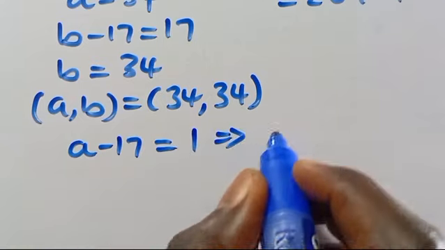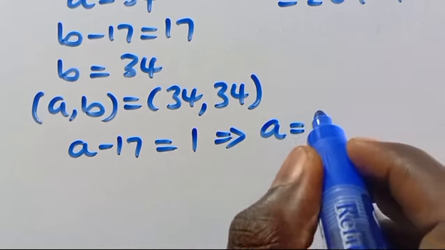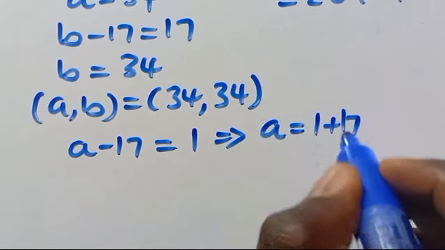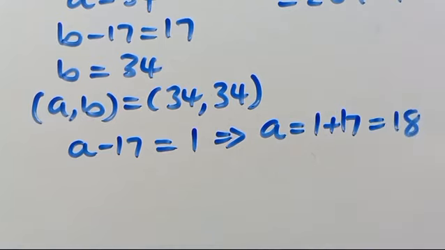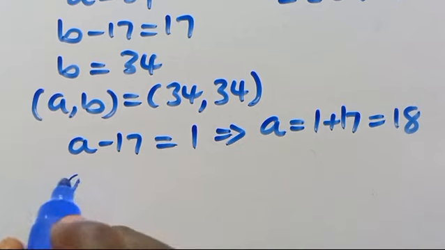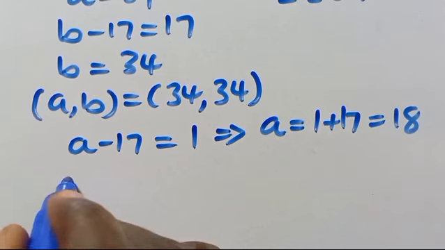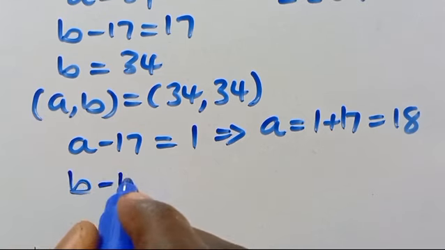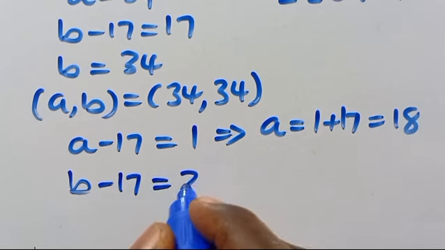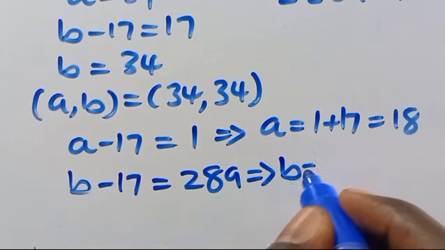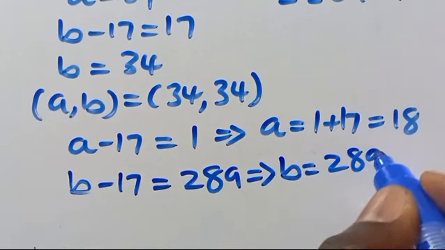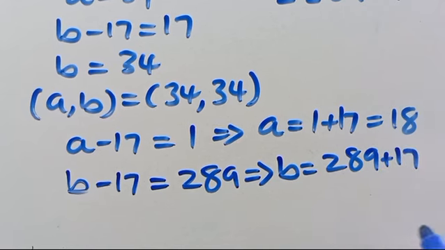By also considering the second, from this side we have a minus 17 equals 1. This implies we have a equals 1 plus 17, which equals 18. Likewise, we also have b minus 17 equals 289, and this implies we have b equals 289 plus 17.